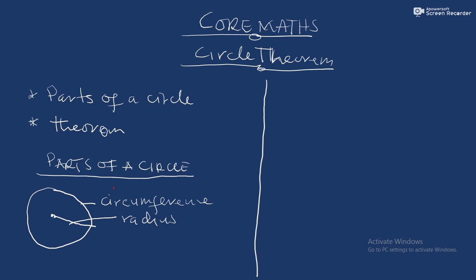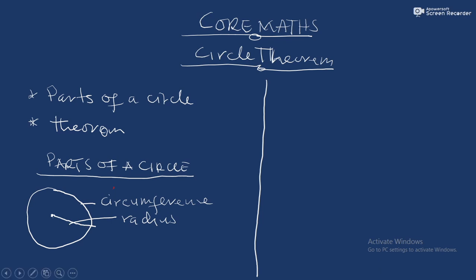Any distance from the fixed point, that is the center, to the circumference is called the radius, and this distance is equal. So: center, circumference, radius.